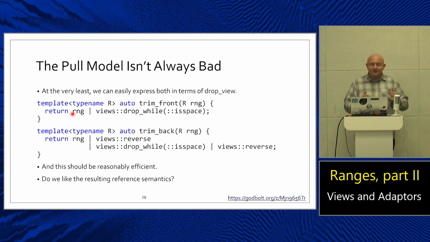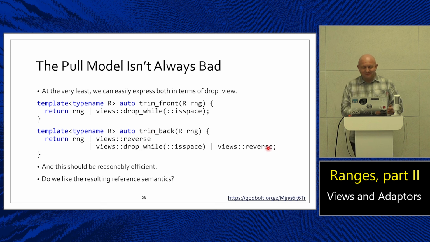Great. Trim back is slightly trickier, but views are lightweight. We reverse the range and this costs us nothing. We just change begin to rbegin and end to rend. And we drop white space at the front and reverse it back.